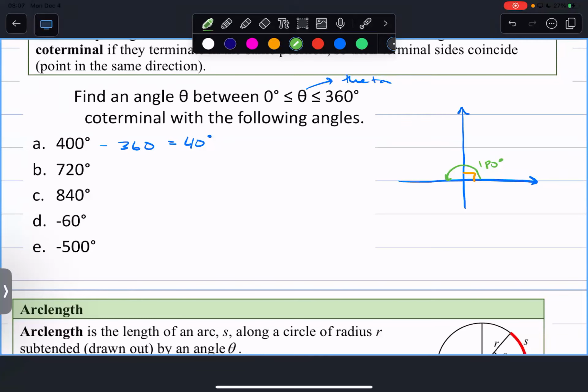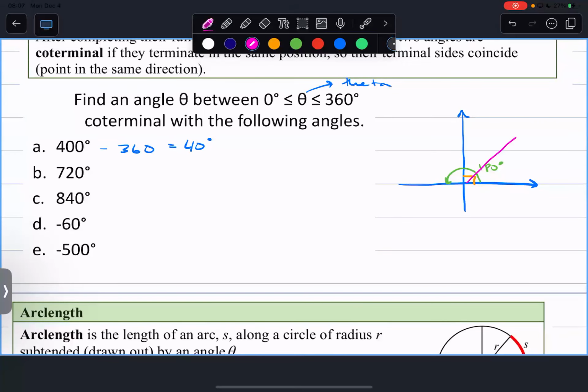Halfway of the 90 is 45, just as a little cutoff point. And so on and so forth. So we can have some cutoffs and we can know approximately where the terminal side of 400 degrees is. So it had to go once around and then 40, which is almost an eighth of a turn.